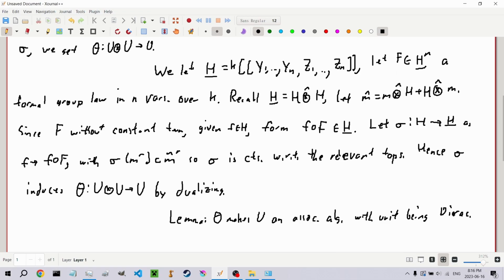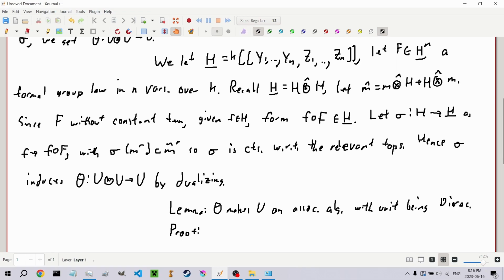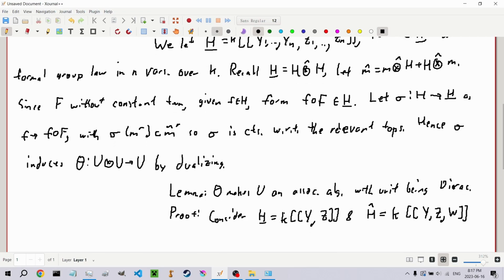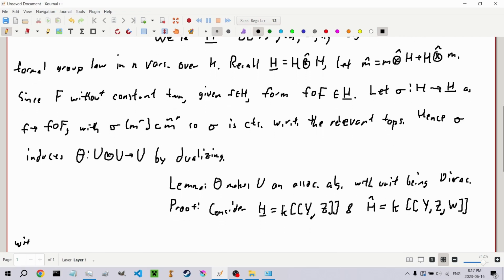And the proof: we're going to consider H underline being the formal power series ring over Y and Z, and H hat, I'm using hat because they write in bold, which I cannot do with this setup, being of K, the power series ring over Y, Z, and additional W, with W being in N variables.